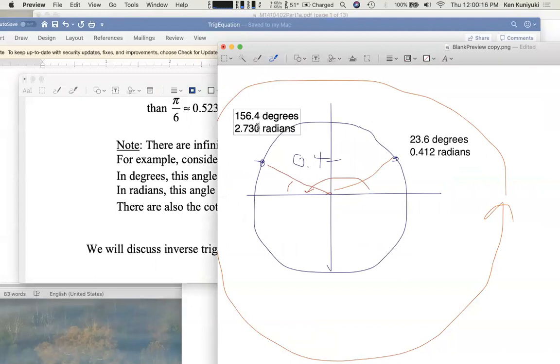I'm going to put these out to 3 decimal places. So in radian measure, our 2 solutions will be about 0.412 radians and about 2.730 radians, this quadrant 2 angle, which is still between 0 and 2 pi. It's obtuse.